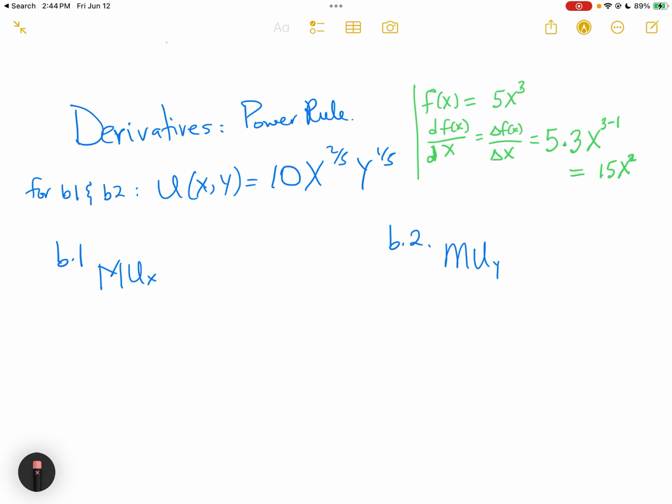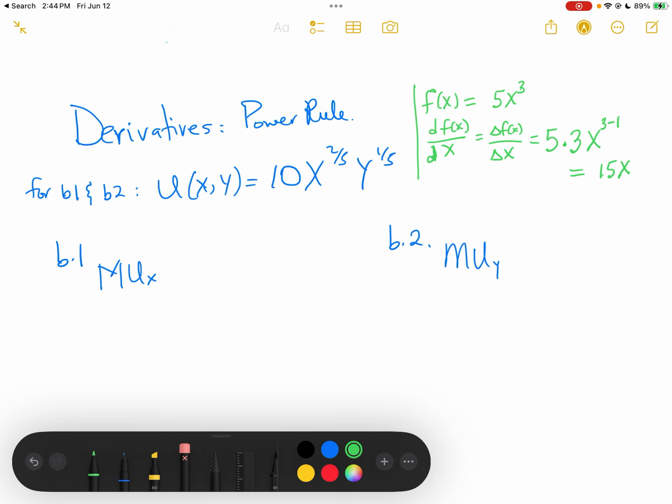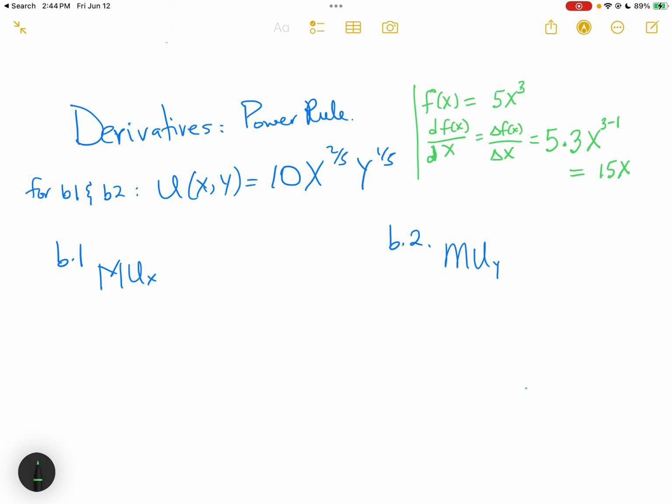Let's clean that up a little bit. 15x squared. Good. Here's another one that you should be aware of. If your f of x is equal to a constant 20, then the derivative of f of x with respect to x, well, there's no x there.